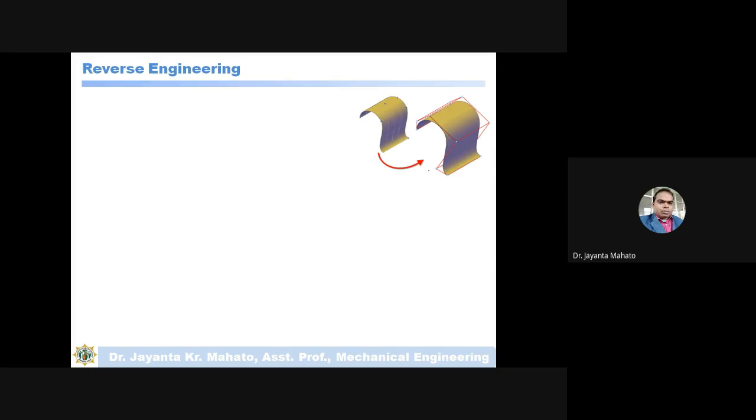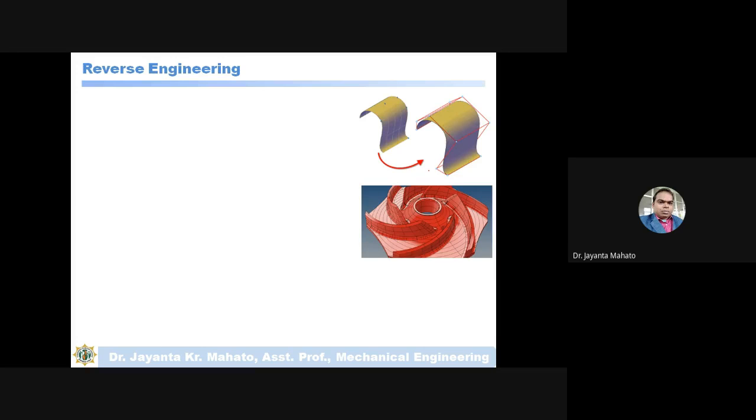It's like this. Suppose this is a surface type of physical model, or these solid models. Three-dimensional data of either the surface or solid physical models have to be constructed by reverse engineering.